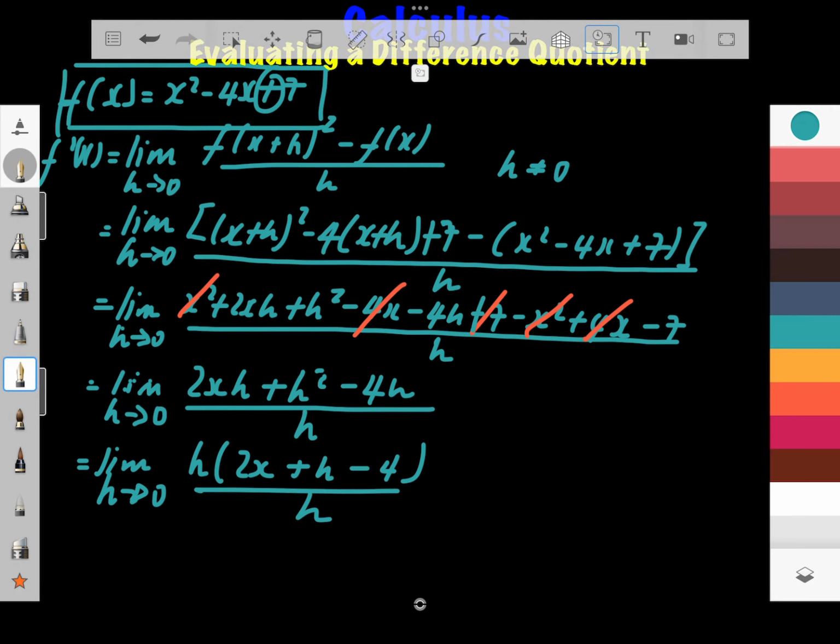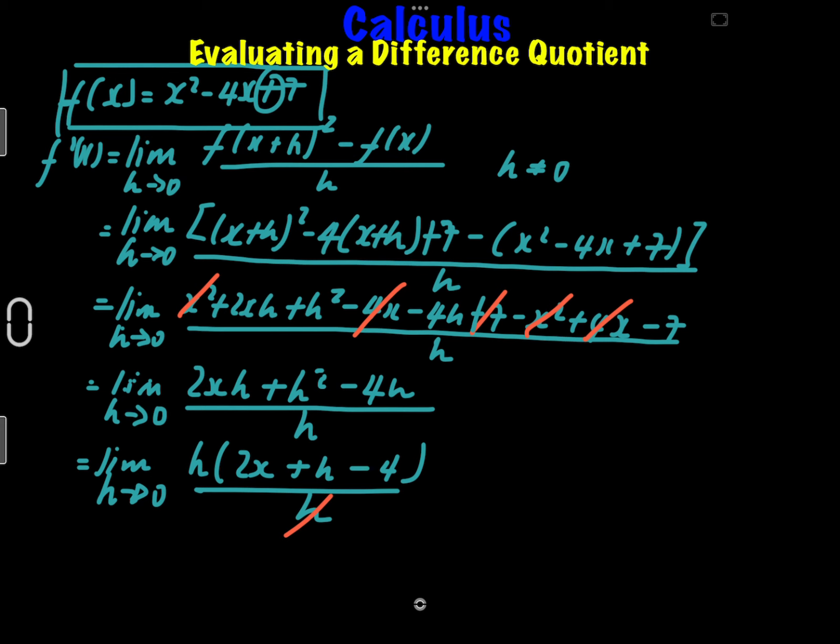Now the h in the numerator and this factor cancel out because that's what we are finding, the difference quotient. And then lastly, the derivative of the given function, dy dx, is equal to 2x plus h minus 4.